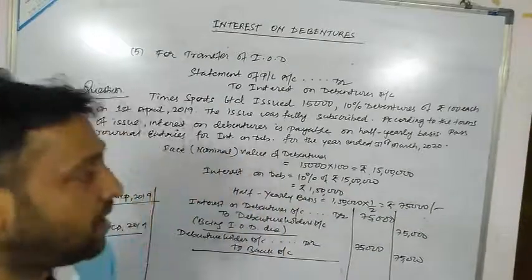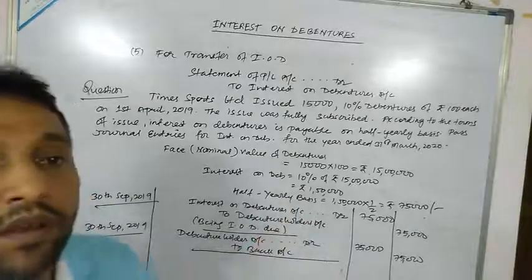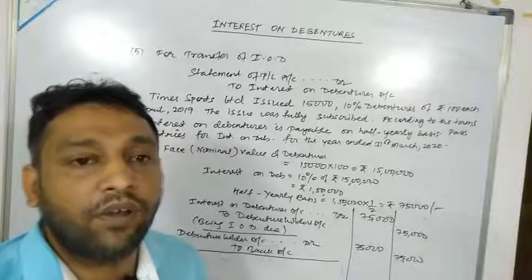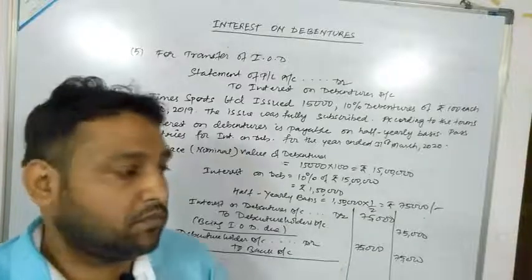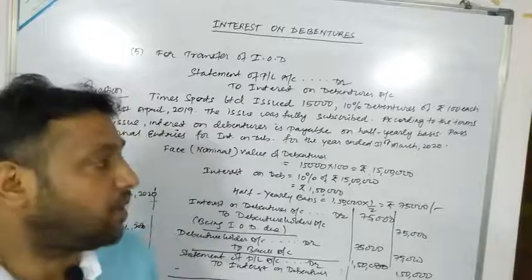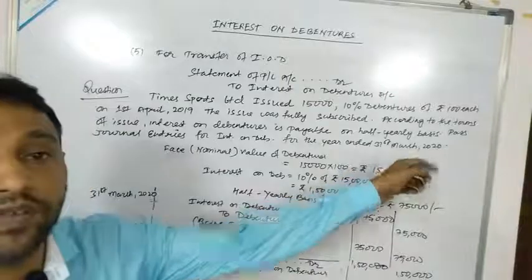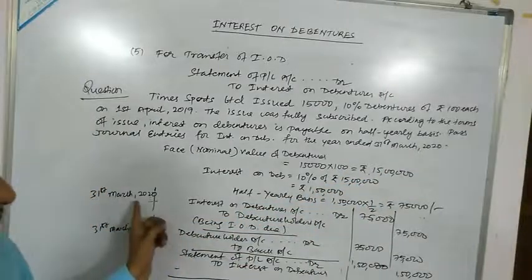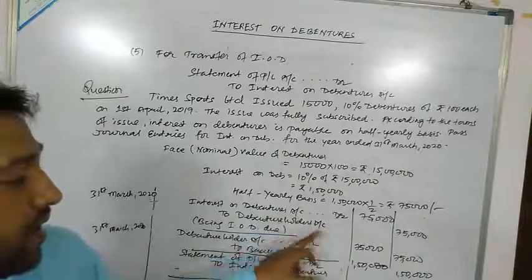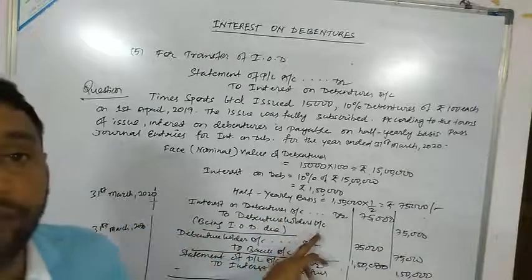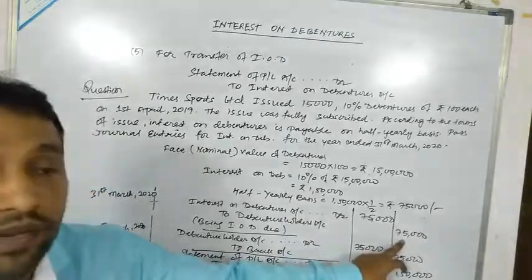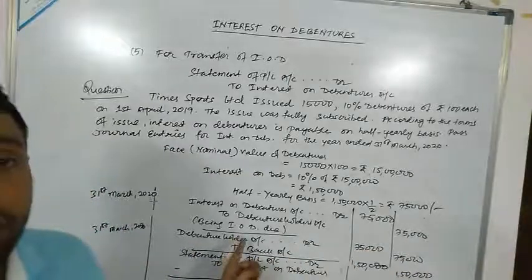ओके, so similarly after 6 months more company is liable to pay the interest on debenture, that is your on 31st March. So now again we are required to pass the entry after 6 months, that is your 31st March 2020. Same entry would be there, 75,000 उनको पेमेंट करना है. एंट्री क्या बनेगा, इंटरेस्ट ऑन डिबेंचर्स अकाउंट डेबिटेड टू डिबेंचर्स होल्डर अकाउंट, since it has been payable half yearly, how much will be the amount, amount would be your 75,000, narration being interest on debentures due.